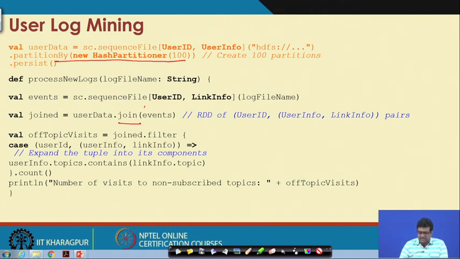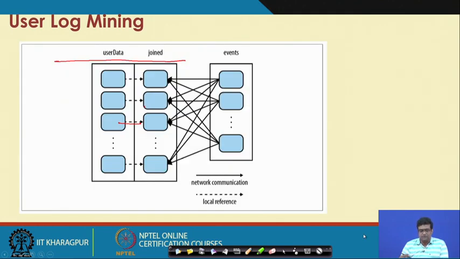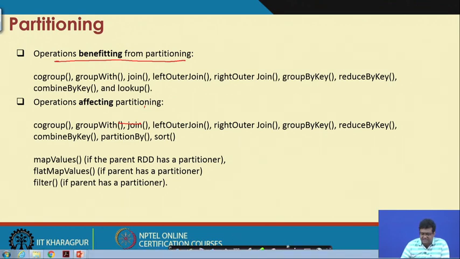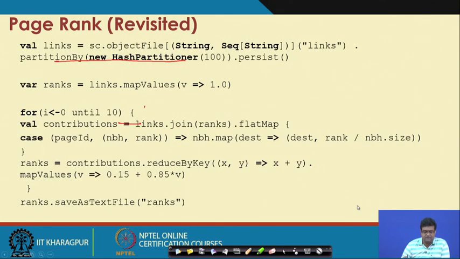This produces a more efficient communication. There are many transformations which benefit from partitioning, such as join, co-group, etc., and many of these operations create partitioned RDDs if the input RDD is already partitioned.